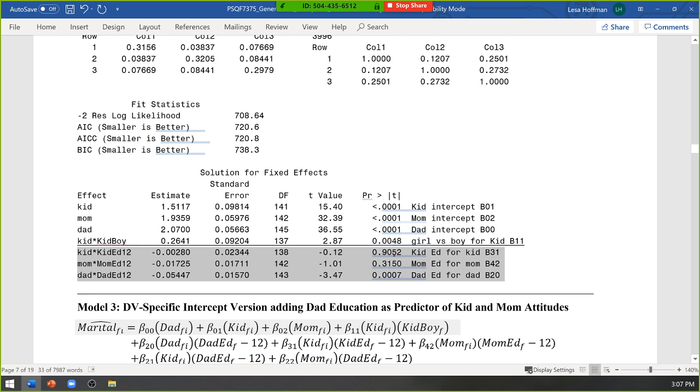That is only significant, though, for dads. So if a kid has a higher education, that's not related to their own attitude. If a mom has higher education, that's not related to her own attitude. If a dad has higher education, that is related to his own attitude.